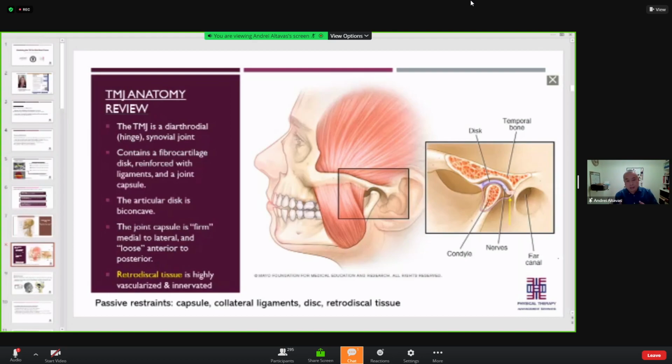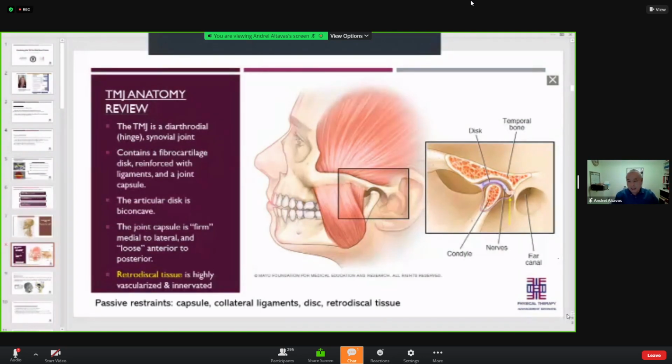Now, as far as the disc, that's one of the most important structures of the TMJ: the articular disc, which you will see in this slide. You can look at it as a buffer.